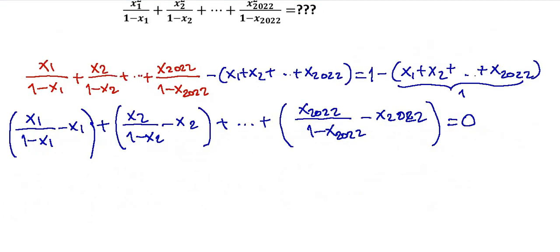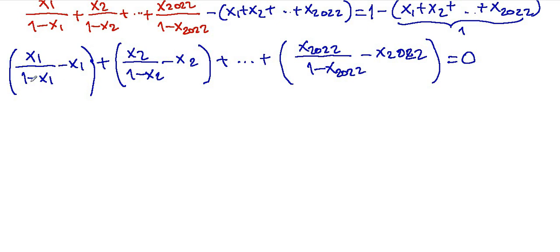Now let me first find the common denominator for the first bracket. Here the common denominator is 1 minus x1. So the numerator will be x1 minus, if you multiply 1 minus x1 by x1, then I'll get x1 minus x1 plus x1 squared.